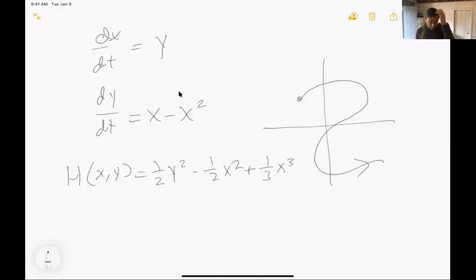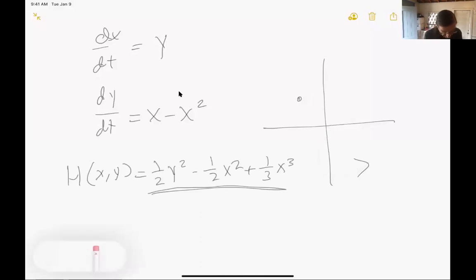But the point is that if I compute this quantity at every point of a solution curve, here's my solution curve, at every point of this solution curve, if I compute this quantity H, I get the same number. So if I'm on some solution curve, every point on the curve has a value of x and y.